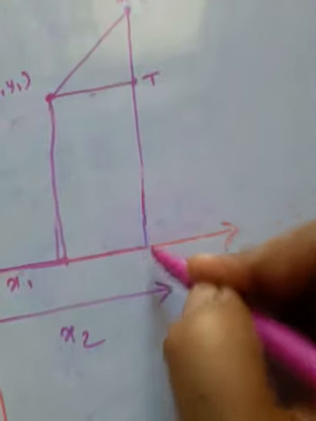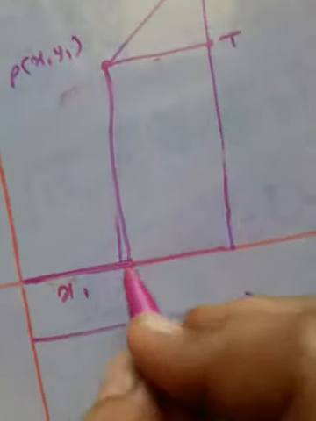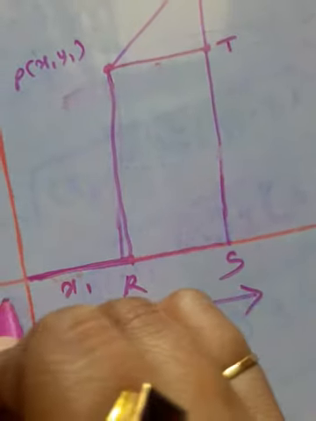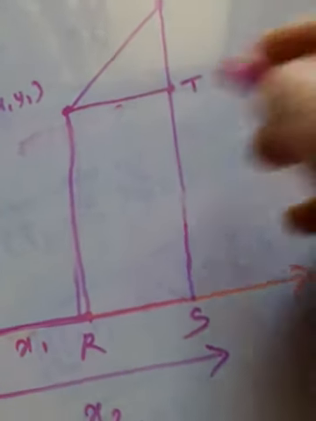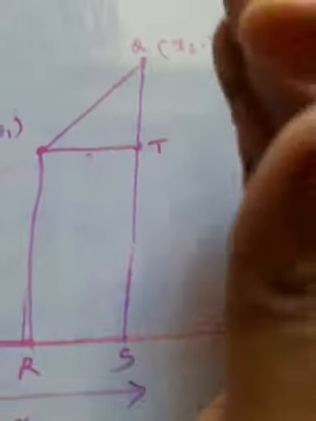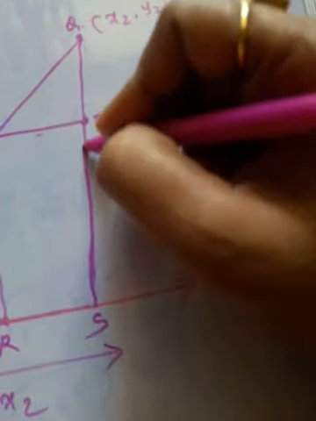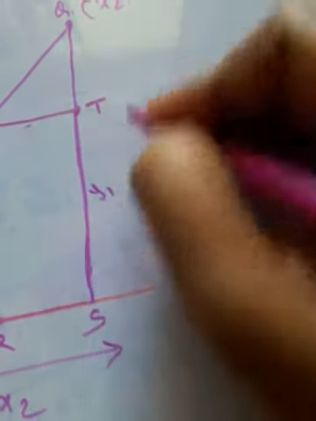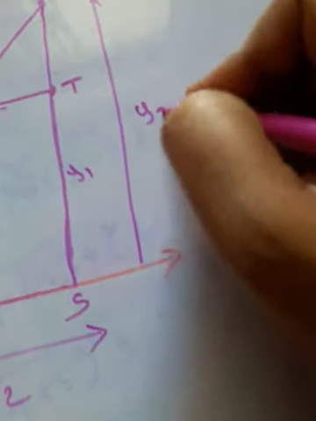Suppose we indicate this as R, this one as S, this one as O. And similarly, this line is parallel to the y-axis, meaning ST is the y1 distance and SQ is the y2 distance.